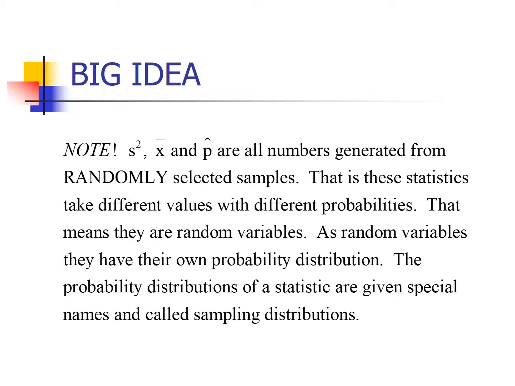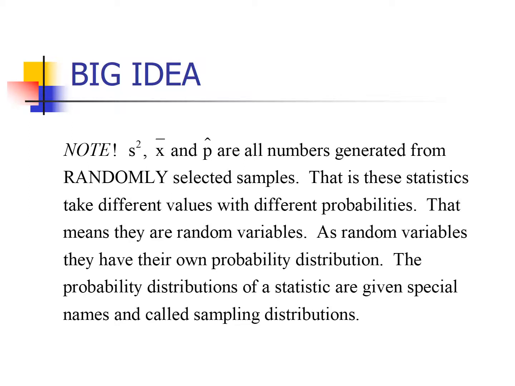Now, if I take a sample of students, there's a certain probability that Bob will be in my sample. There's a certain probability that Bob will not be in my sample. And depending on whether or not the gargantuan Bob is in the sample, I'm probably going to get a different sample mean or a different average height for my sample. So again, the statistic, the sample mean, takes different values with different probabilities.